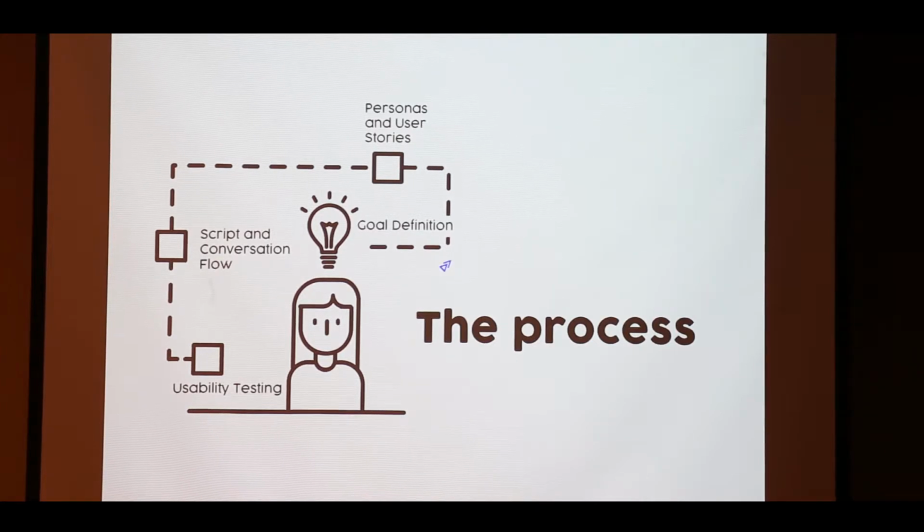We also defined user stories in order to understand and analyze the context better. Then we prepared the real UI of the vocal user interface, that are the script and the conversation flow. And I'm also going to show you later what these are. And afterward, we also collected some feedback from the real users through usability testing.